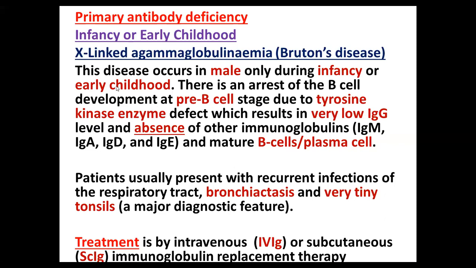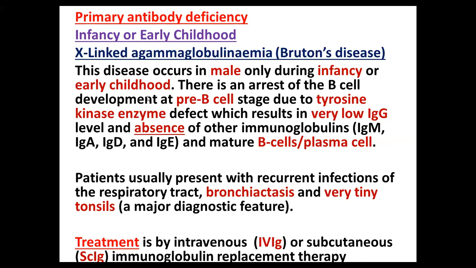The patient will suffer from very low IgG level and absence of other immunoglobulins, IgM, IgA, and also absence of B cells and plasma cells, because the cells are arrested at the pre-B cell stage.